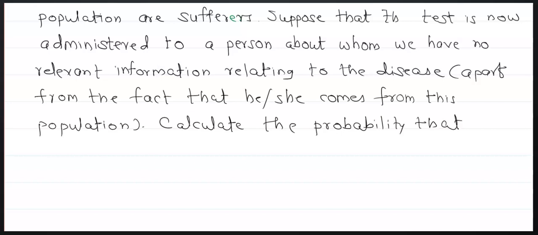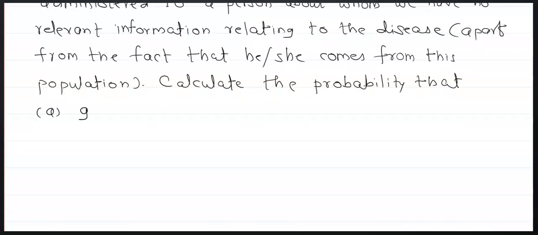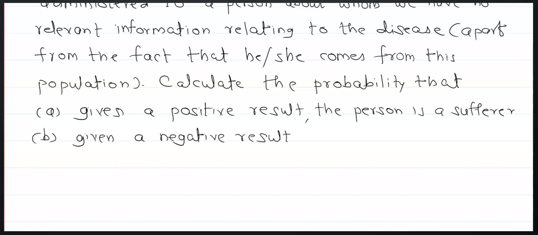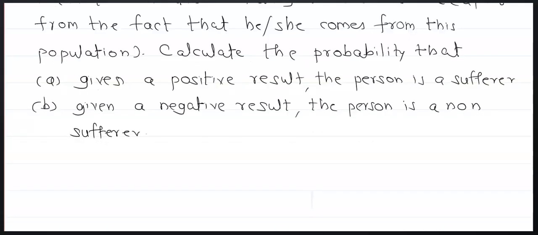Calculate the probability that, given a positive result, the person is a sufferer. Given a negative result, the person is a non-sufferer.